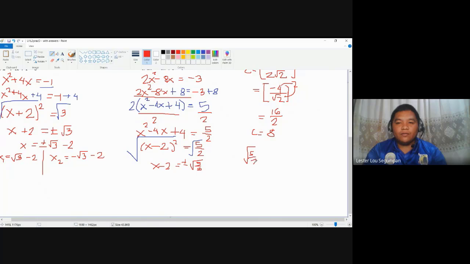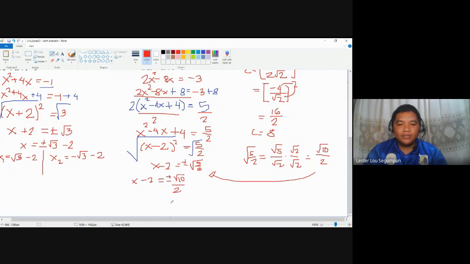So square root of 5/2 is actually equal to, disregarding the sign first, square root of 5 over square root of 2, times square root of 2 over square root of 2, which is actually equal to square root of 10 all over 2. And that's it. So I'm going to use it here, so that there would be no radical expression in the denominator. x minus 2 is equal to plus or minus square root of 10 all over 2.